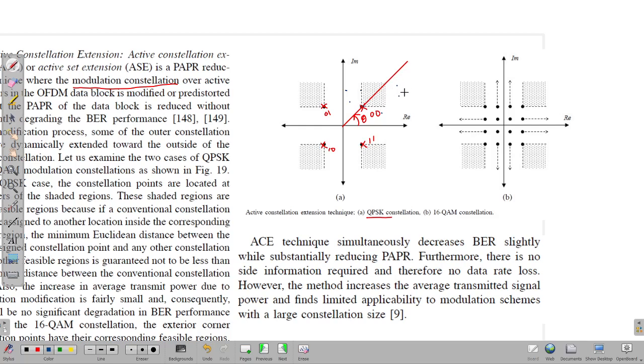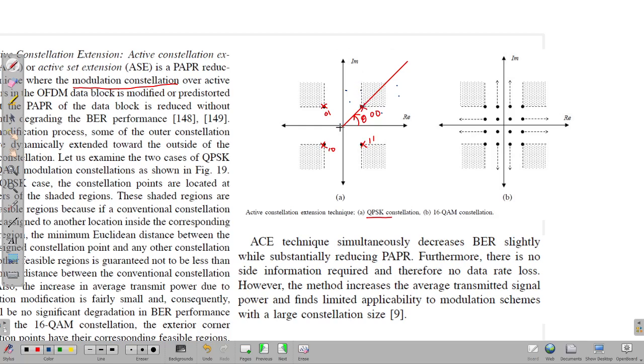As a result, when you take the IFFT of this signal, this point has changed its phase, so the addition of similar phases doesn't happen. In other words, I will adjust this particular constellation point in such a way that the phase is varied and the amplitude is also varied.